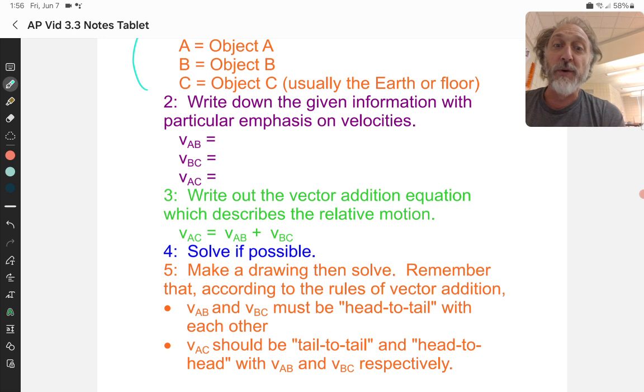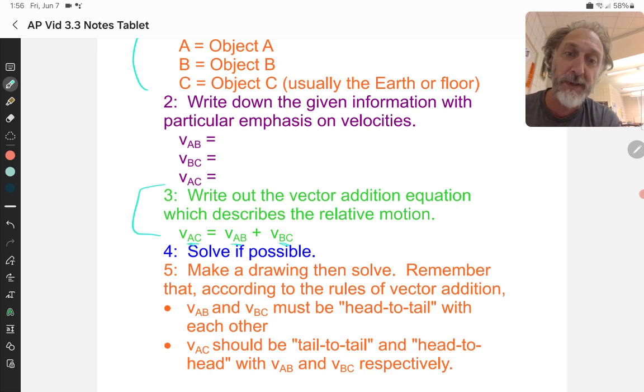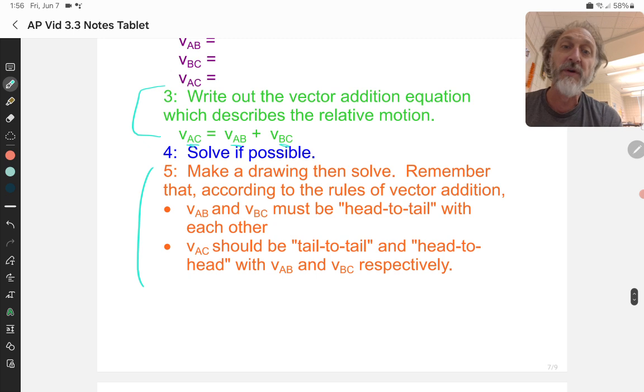The next thing you have to do, and this is huge, you have to write out the vector addition equation, okay? Remember, A relative to C is A relative to B plus B relative to C, okay? Write that equation out, because if you know everything in unit vector notation, now you can just plug in your i's and j's and solve it. If not, you have to make a drawing, but remember how the drawing goes depends on where the vectors are, right?